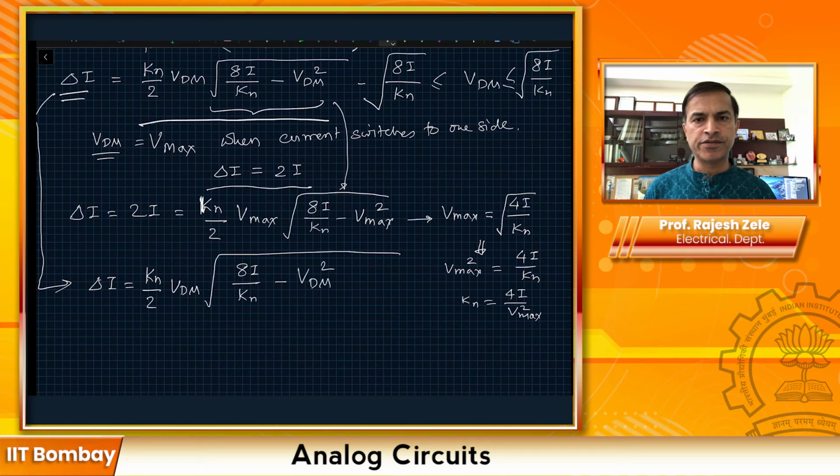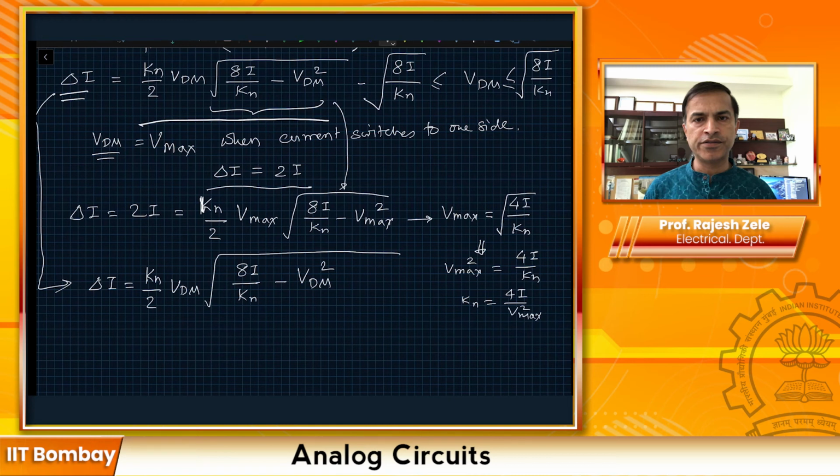Now what I'm trying to do is replace things in such a way that I can get a normalized value of differential input voltage with respect to this Vmax. Okay, remember Vmax is when the current switches from one side to another side completely. I need to remove the Kn out of this expression, and then I want to figure out what comes out.